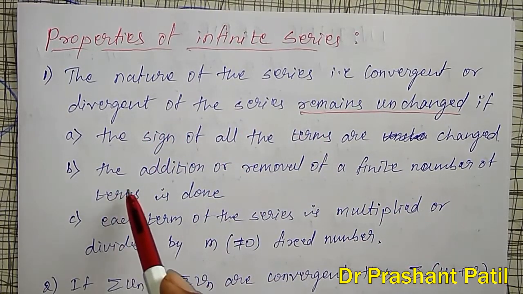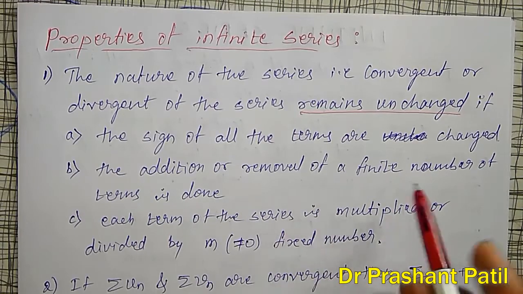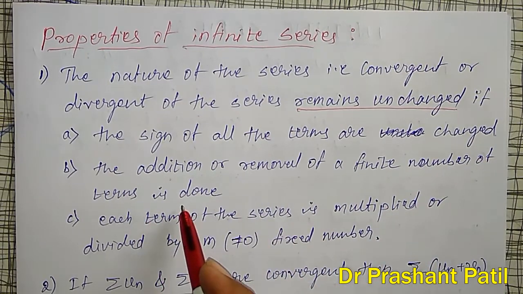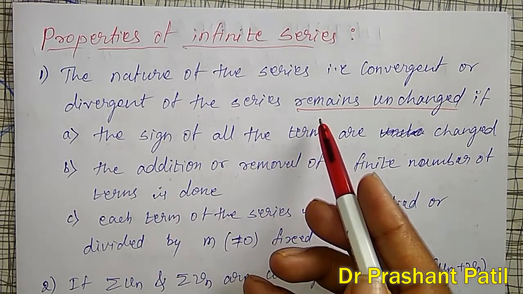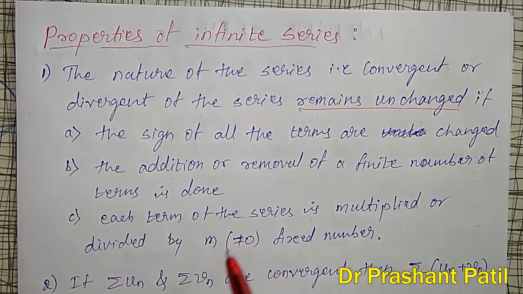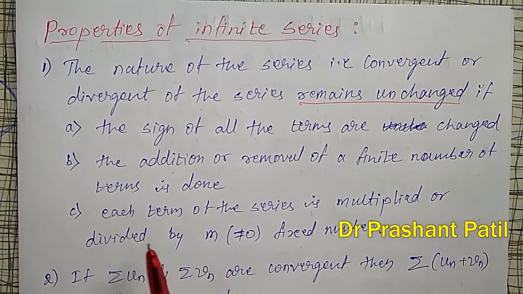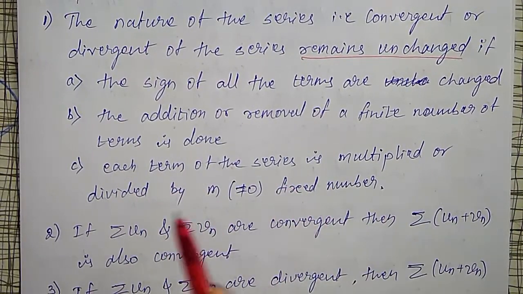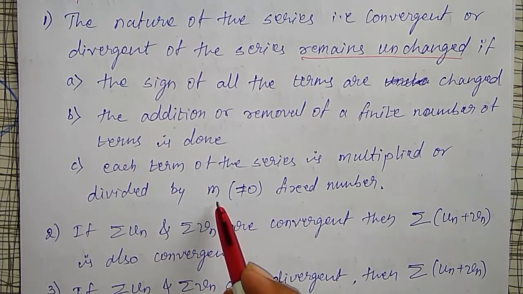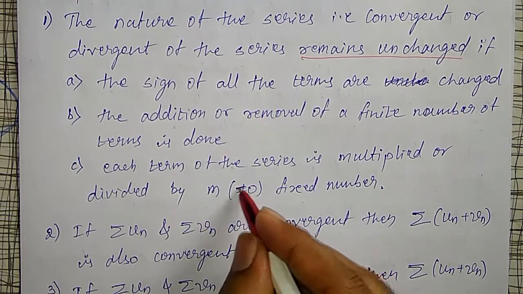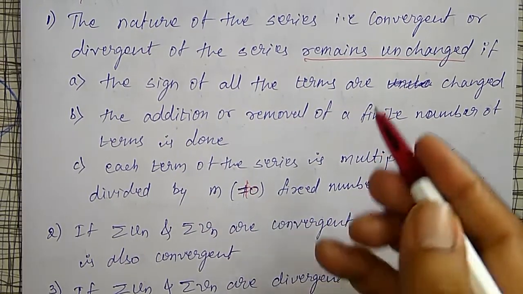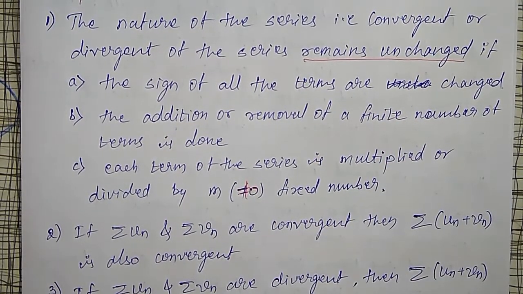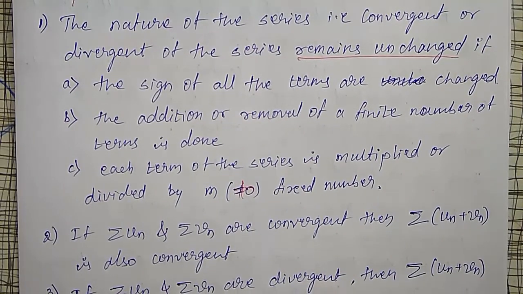Likewise, if the addition or removal of a finite number of terms is done, the nature of the series will remain unchanged. Likewise, if each term of the series is multiplied or divided by some finite number m which is not equal to 0, the nature of the series will also remain unchanged.